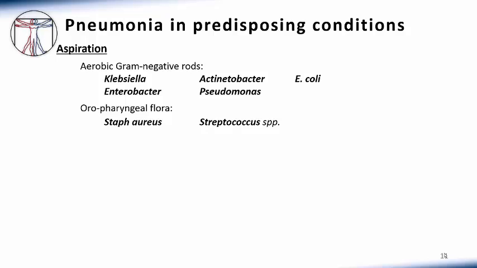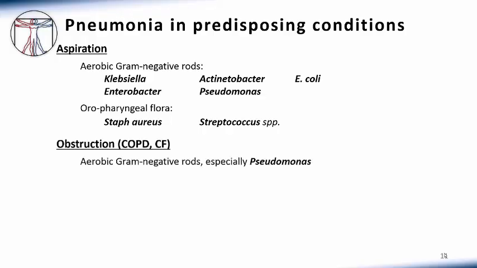Again, oropharyngeal flora could include Staph aureus or other streptococcal species, which might also be implicated in aspiration pneumonias. In patients who have obstructive lung disease, including COPD or cystic fibrosis, the airways can become colonized with various organisms, and notably Pseudomonas and Staph aureus can often colonize patients who have cystic fibrosis, and other gram-negative organisms are often found in the airways of patients with COPD.